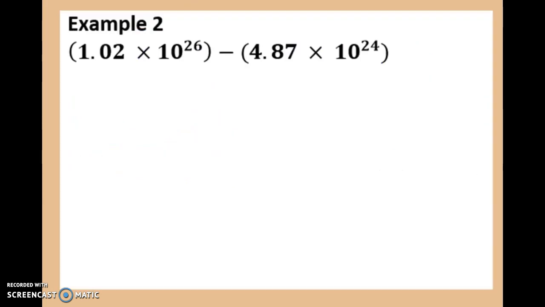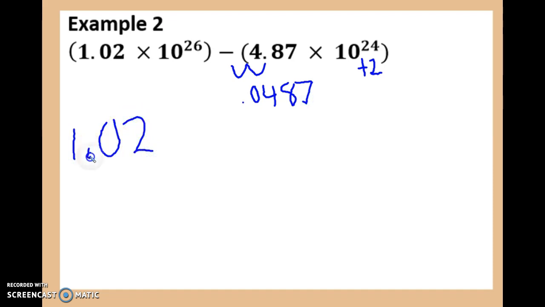Example 2 here, we need to first find a common exponent, so we need to add 2. And then if we add 2, we need to move it to the left twice. So we have 0.0487. From here, we will subtract our first factor, which was 1.02, minus 0.0487.